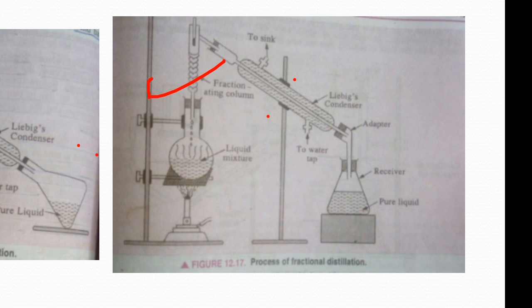So that will go higher and go to the water condenser, and again the vapors of that component will change into liquid state here, because we are using a water condenser. Here the energy of those particles will be lost, and that will change into liquid state, and that component will come into the receiver. So in this way, when the temperature difference between two miscible liquids is less than 25 degrees Celsius, then we go for fractional distillation.